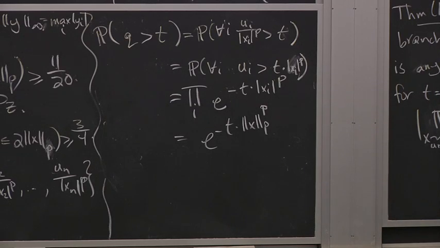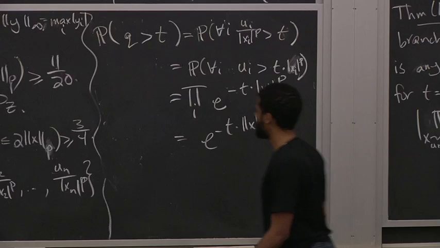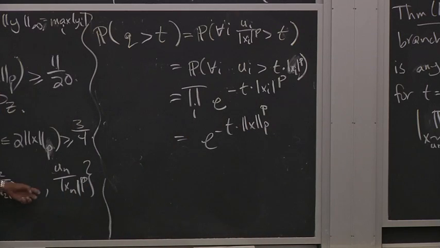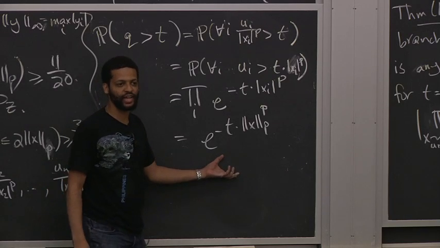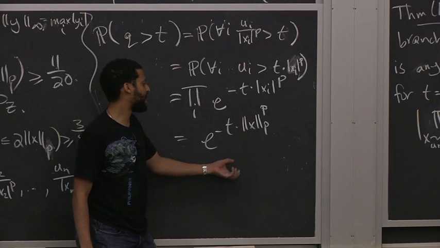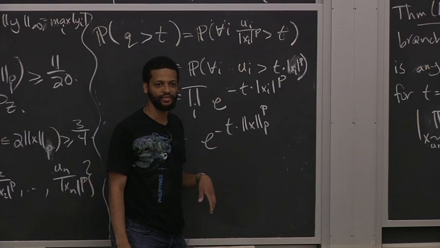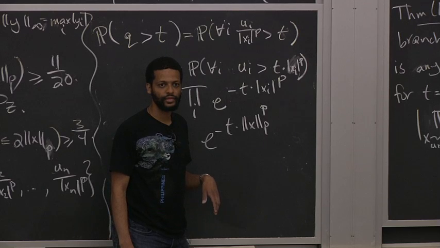Right? So what I'm saying is that the min of all these random variables is actually an exponential random variable itself scaled by the Lp norm of x to the p. Right?